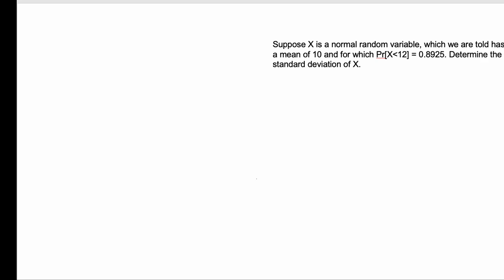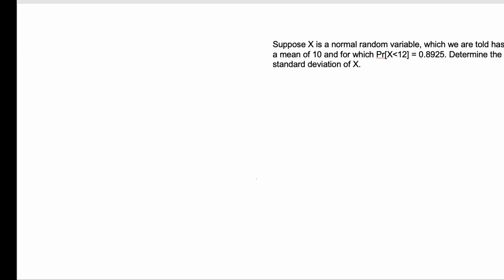Okay, so stop there. What are we talking about? We're talking about an x that is not a standard normal. It is a normal, right? It's x that is a normal, but it's not the standard normal. It's not the z. Okay? And it has a mean of 10. Okay, fine.